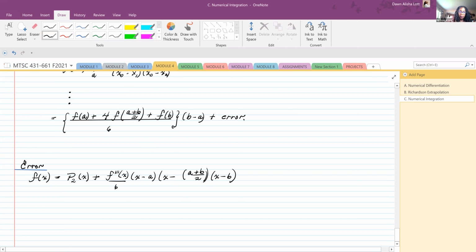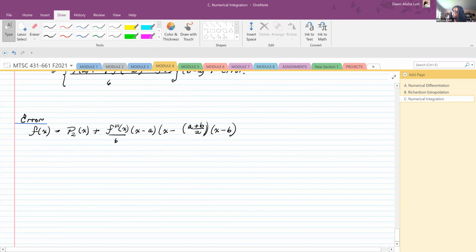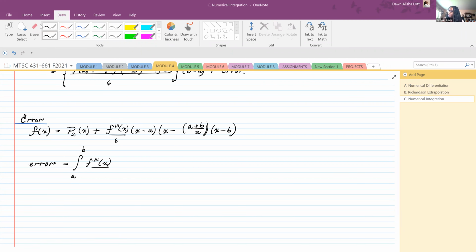Okay. So the error, and the integral is the integral from a to b, and we need to integrate that thing. So that's the third derivative of x. I'm sorry, that should be at c, not at x. That's at some value c, not at x. My apologies.